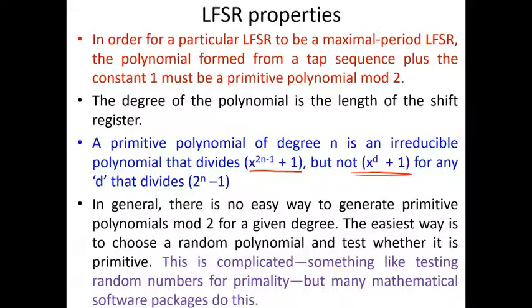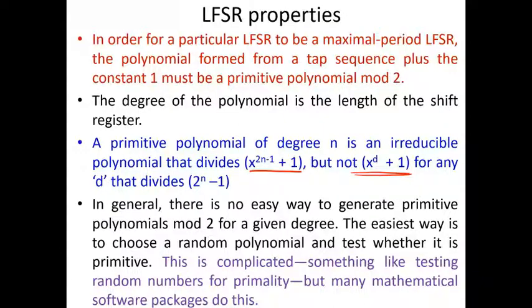As I told you, this is complicated. It's like testing random numbers for primality, whether a given number is prime or not. But there are many software packages which can do this easily.